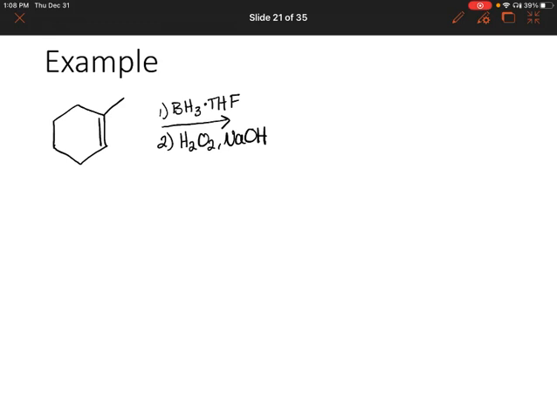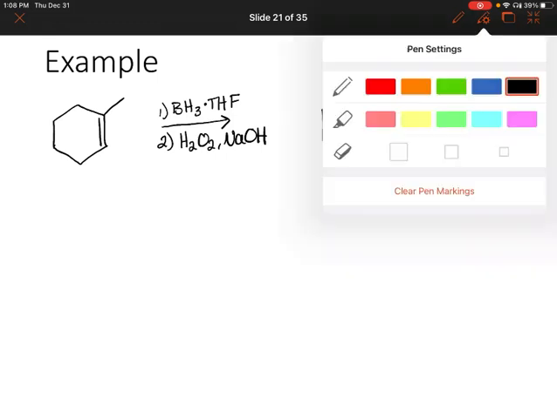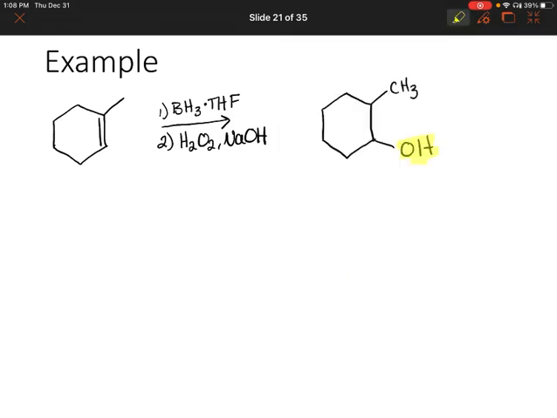All right, so the product looks like that. And remember, the alcohol group adds to the less substituted carbon, because that's the whole purpose of this reaction.